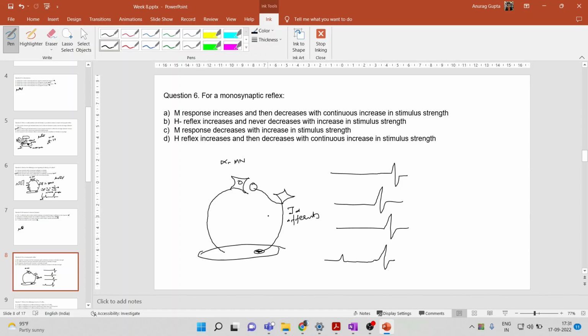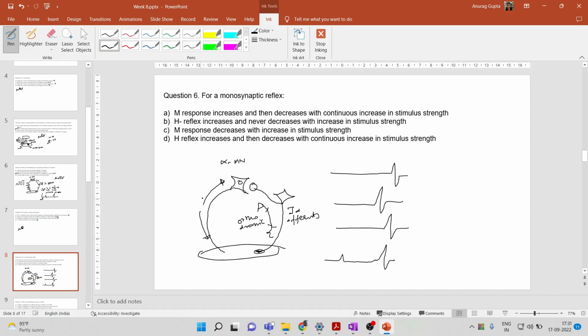So we have an action potential that is traveling like this in this direction. Okay, so this is orthodromic conduction. If you recall antidromic and orthodromic. So this is orthodromic, and then we have the M response here.